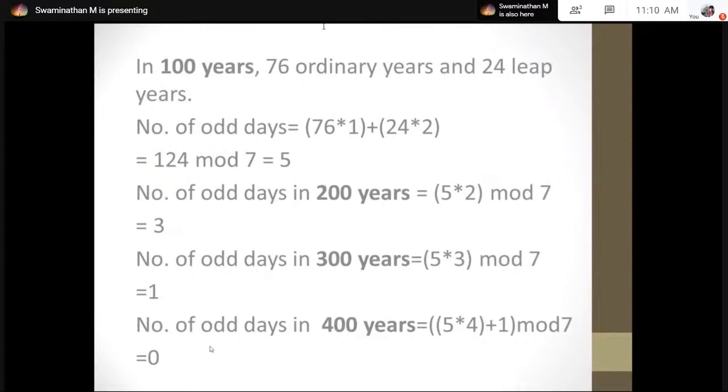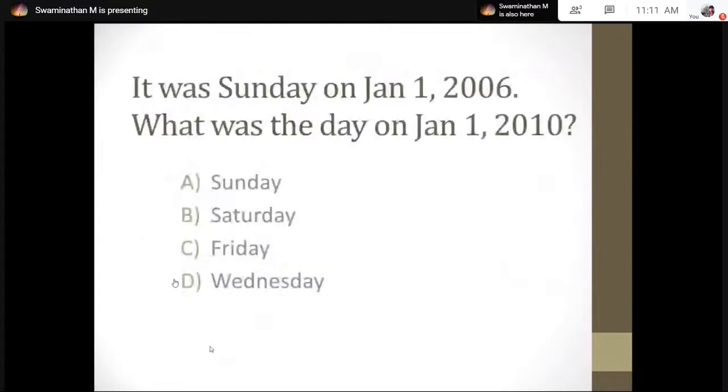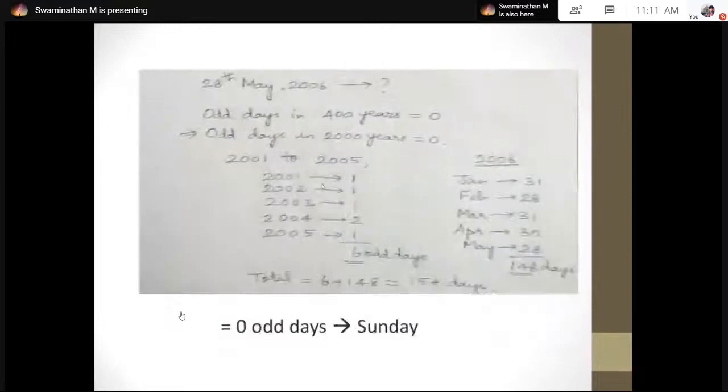So I am mapping it to 2000. Odd days in 2000 years is also 0.